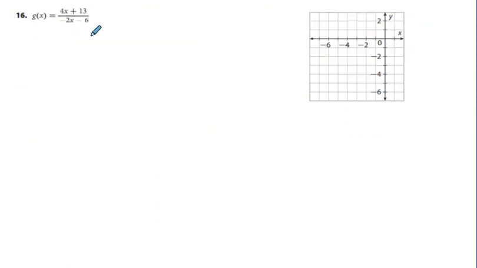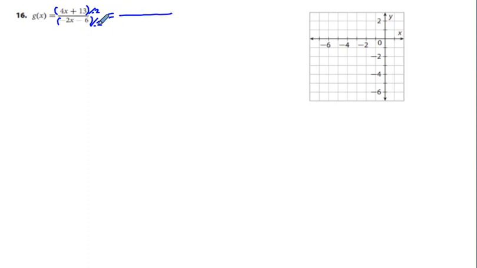Okay, next one here. Again, similar to problem 14, what I would do is divide both the numerator and the denominator by -2, because if you do that, you're going to end up with x.